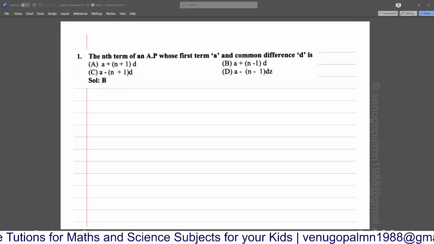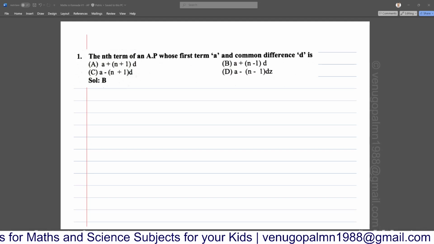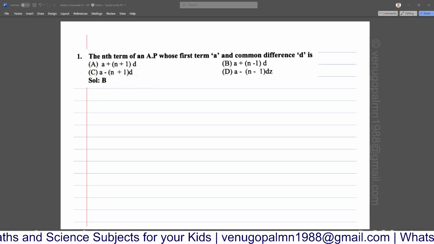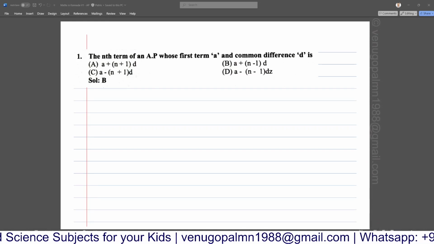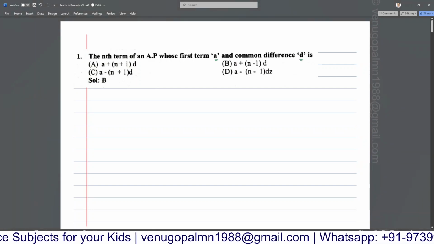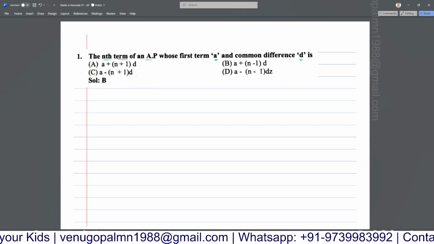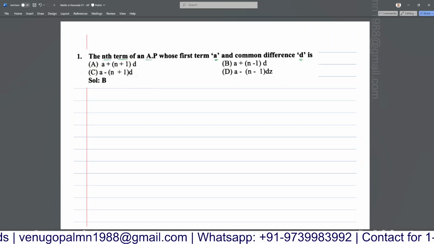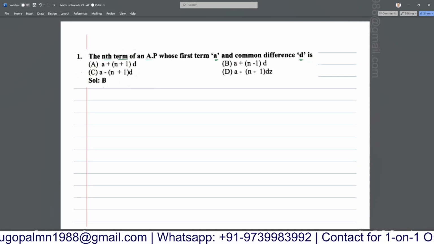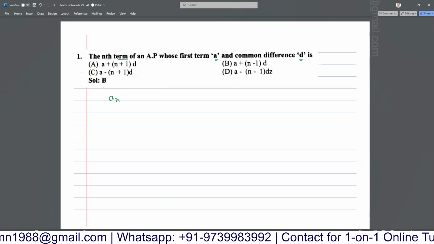Let us take the very first sum. Here, the nth term of an AP whose first term is A and common difference is D. They are asking us to find the nth term of an AP. It is just a standard formula which we have already learnt. So they asked us to find A of n.